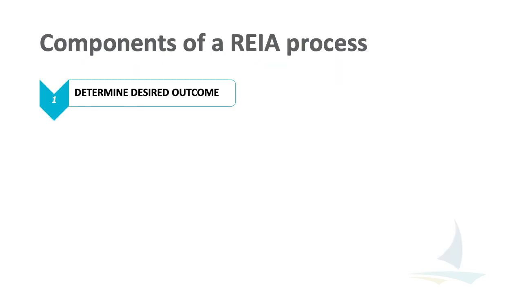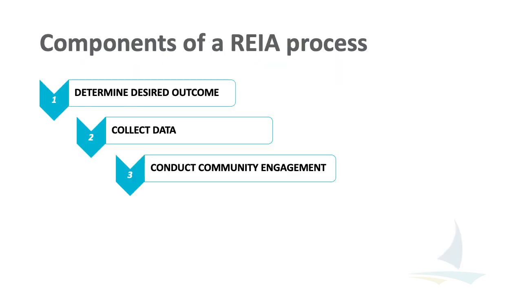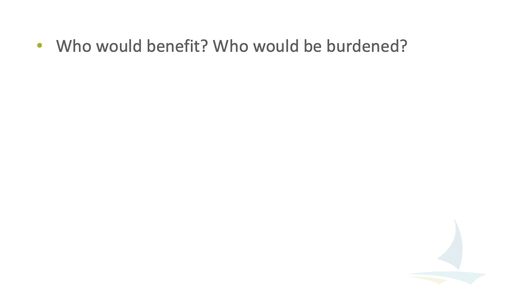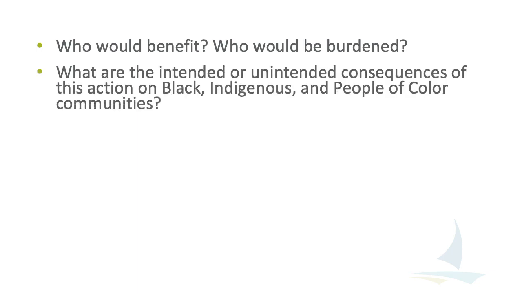The outcome has been determined, data has been collected, and community engagement has been done. Now to analyze how the policy, ordinance, program, or budget proposal will impact racial equity initiatives. Consider the following. Who would benefit? Who would be burdened? What are the unintended or intended consequences of this action on Black, Indigenous, and people of color communities?